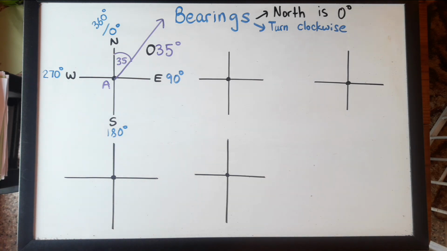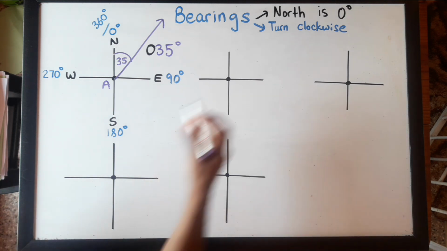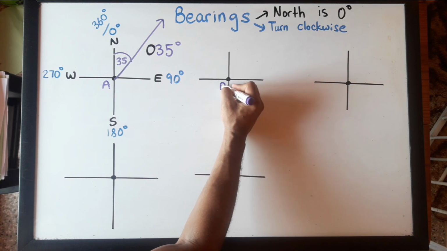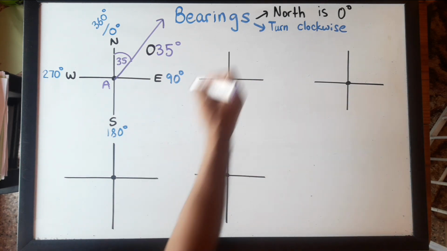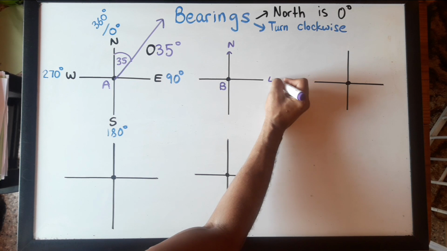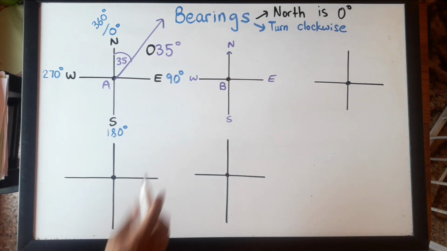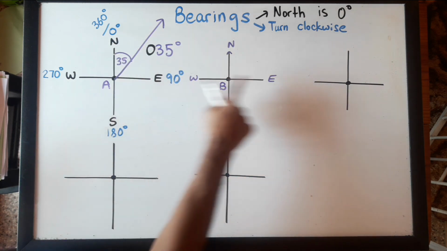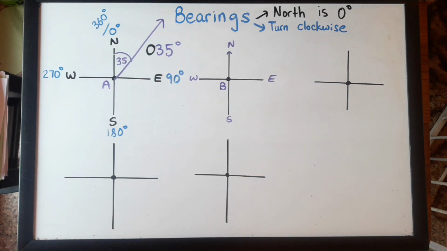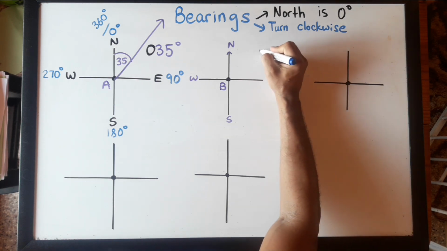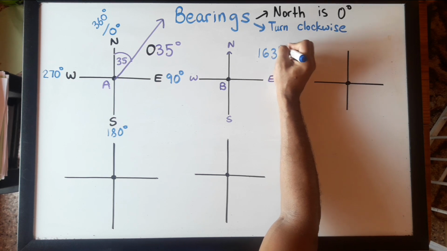So let's do another example. Let's say we have someone standing on a map at point B. We know here is north, east, west, and south. Obviously, here is 0, and the east is 90. I'm not going to rewrite it. But let's say we ask someone to walk on a bearing of 163 degrees.